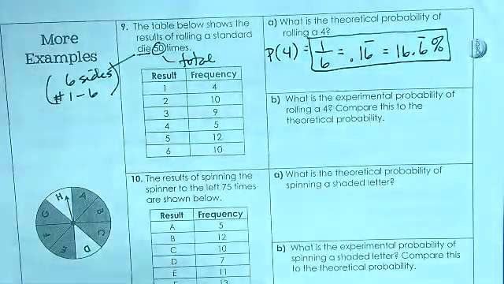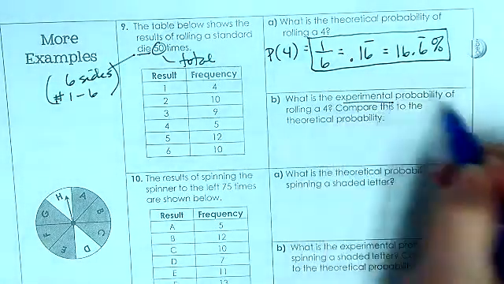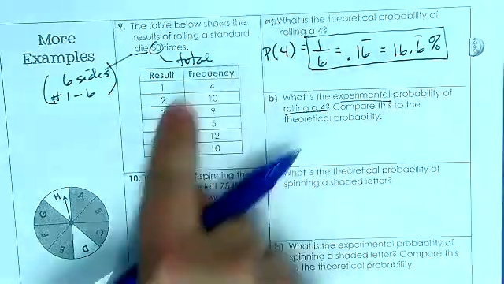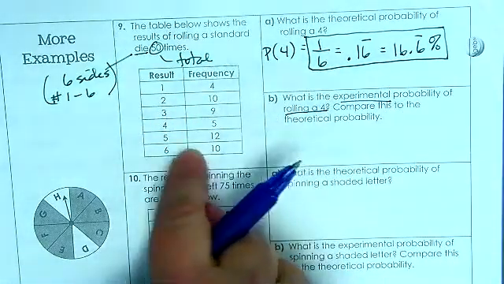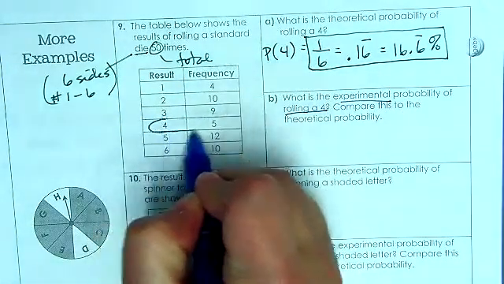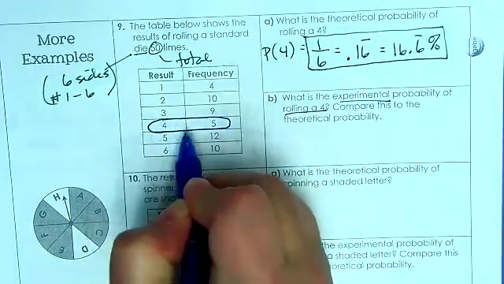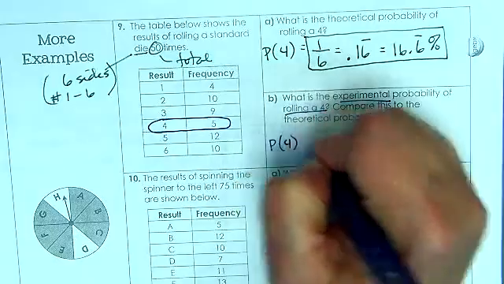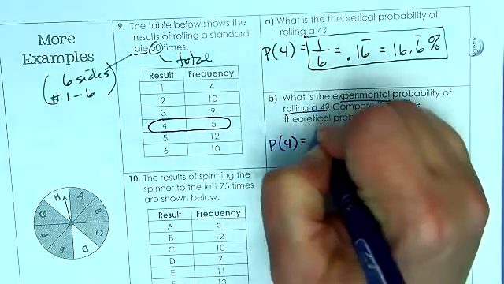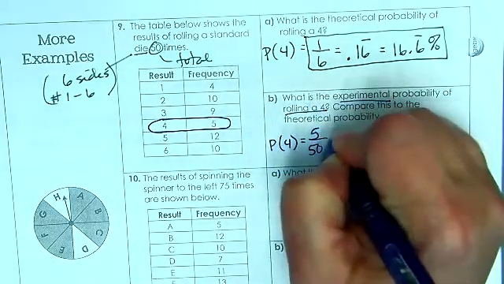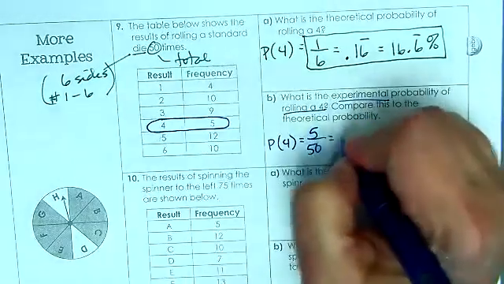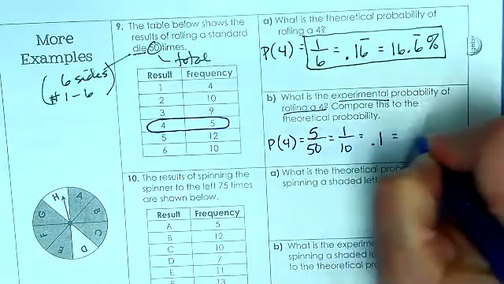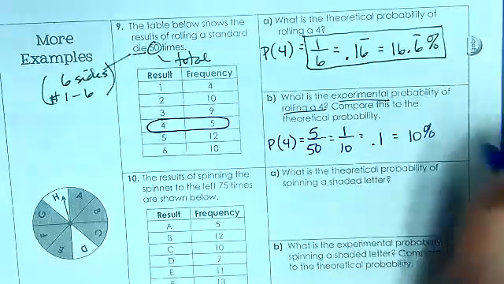All right, so next, what is the experimental probability for rolling a 4? That's where I look at this data right here. How many times did I roll a 4? So we have the probability of rolling a 4, and that's going to be 5 out of 50. Remember, we have to simplify the fraction, so that's going to be 1/10, which is 0.1, which is 10%.